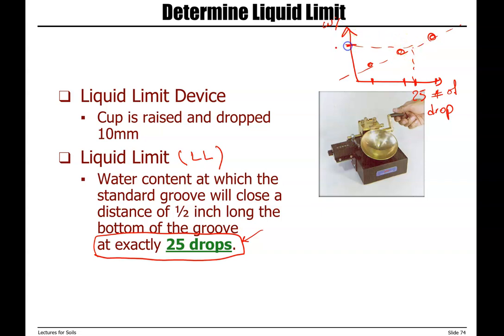We are looking for this number. That's our liquid limit. Again, because we cannot do the test in a way that makes sure that we exactly get 13 millimeters closure at 25 drops, we repeat the test 3 times, collect our 3 data points, fit a line, and then find our liquid limit.